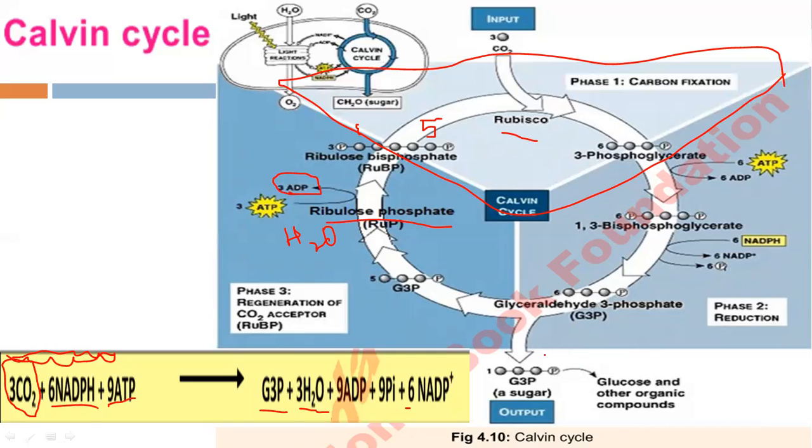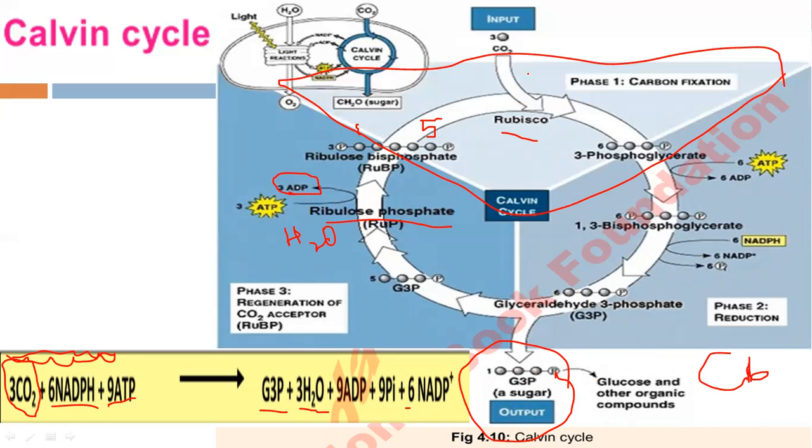One more important thing: this is actually not sugar, it is 1 molecule of G3P. But we know that sugar is a 6 carbon compound. So where do the 6 carbons come from? Because this is 3 carbon. Once the Calvin cycle moves on, it makes 1 G3P.